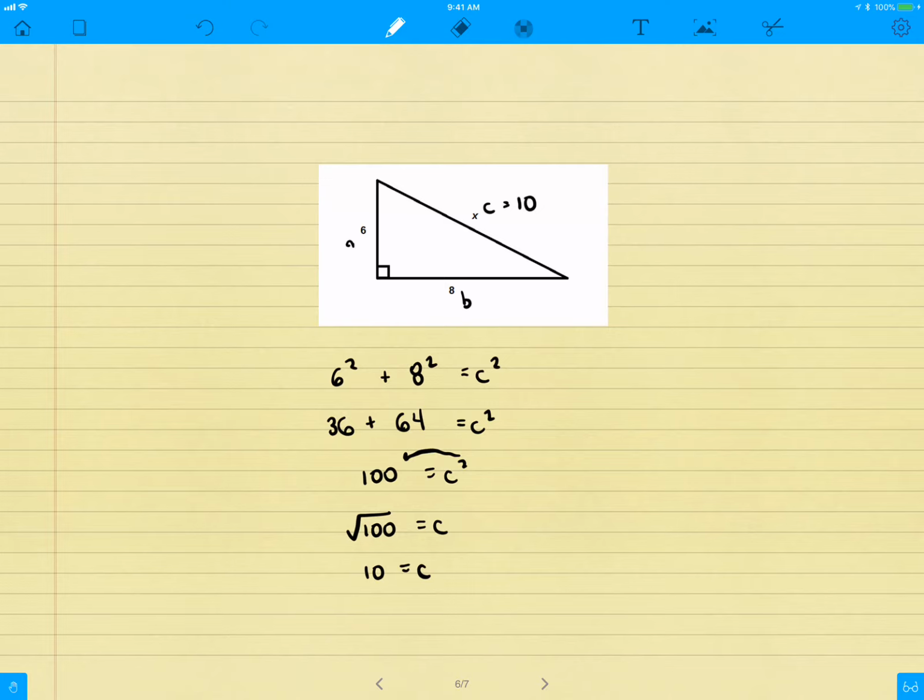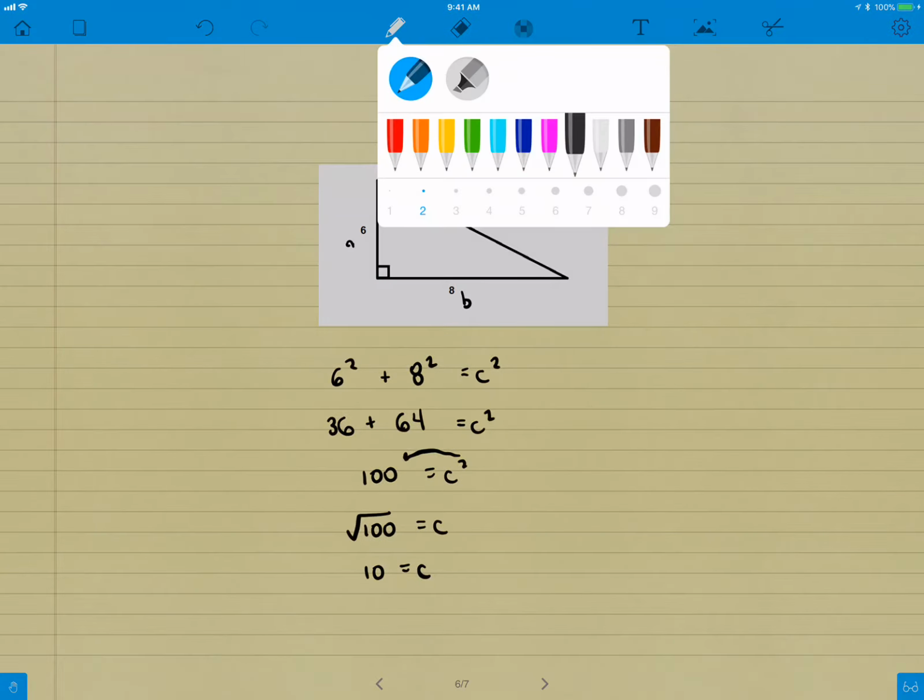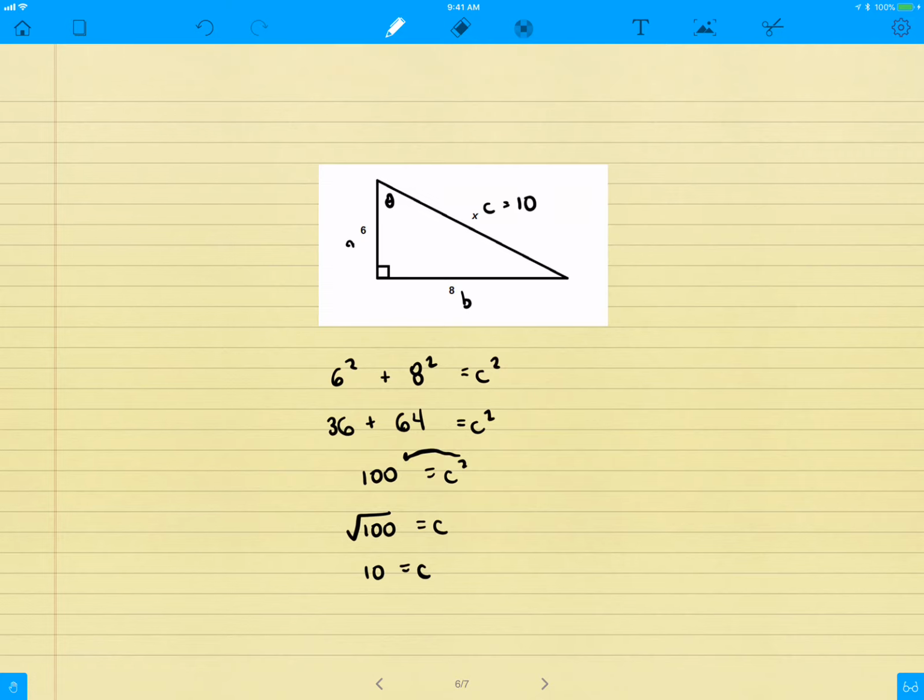And then again, I can find any angle in this picture that I want. Maybe I want to find this angle up here in the top. Well, now I can do a trig function to find that. So if I want to do any of the trig functions, let's say I want to do the opposite wall and the hypotenuse wall. So now I'm doing the sine function, and I can find the angle up there. So the sine of theta is the opposite wall, which in my case is 8, over the hypotenuse wall, which is 10.